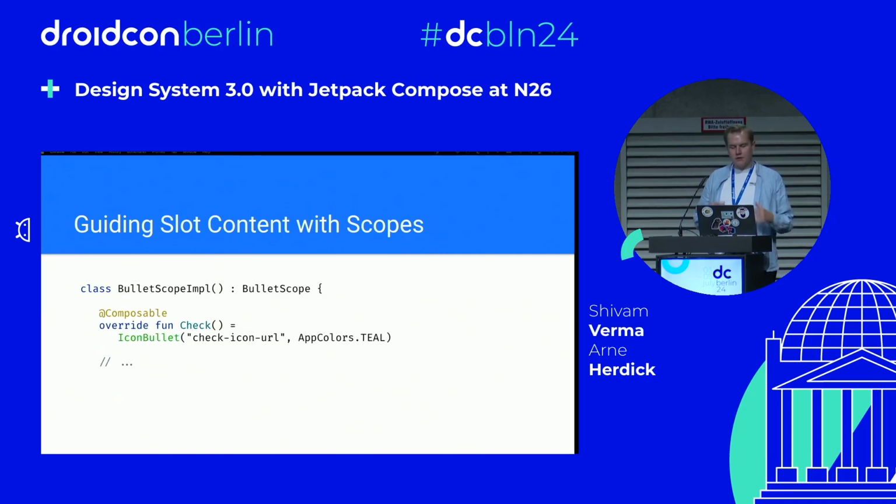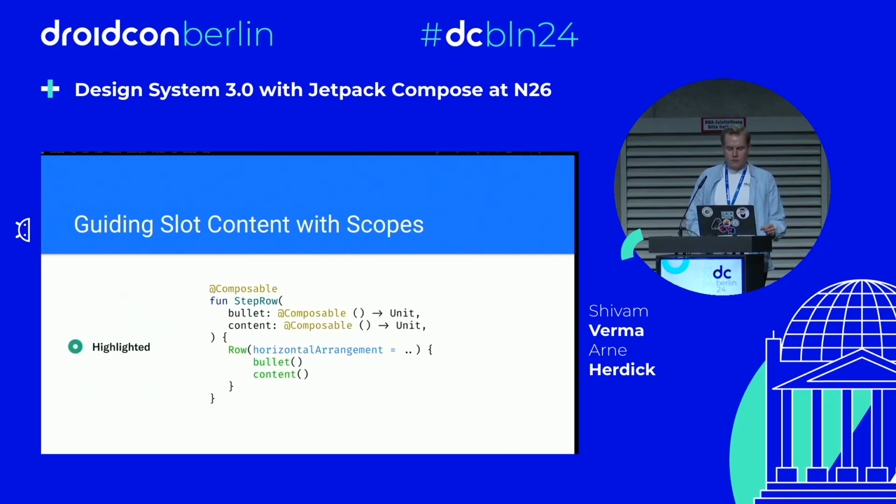In the design system implementation itself, you then have the responsibility to pick the right composable that builds a nice stepper. So we go from the original step row implementation to one where we have the bullet scope in the signature, and we instantiate this bullet scope implementation so that we can actually call the bullet function.